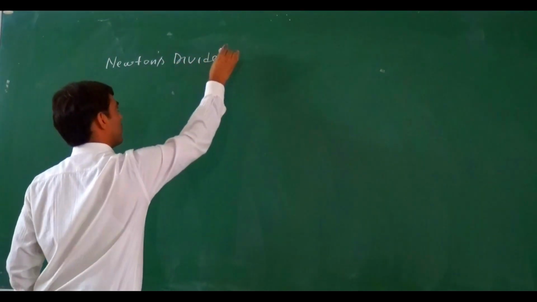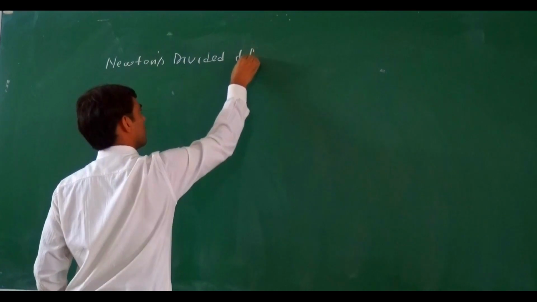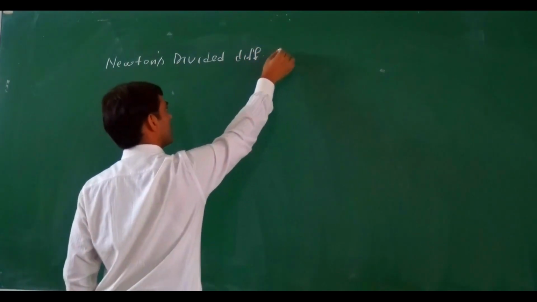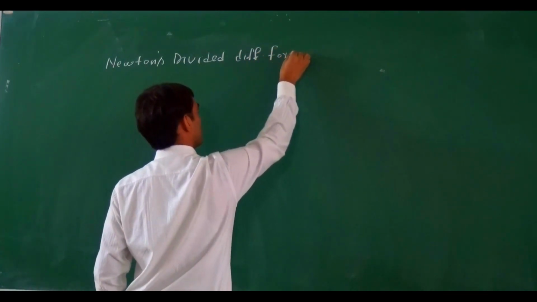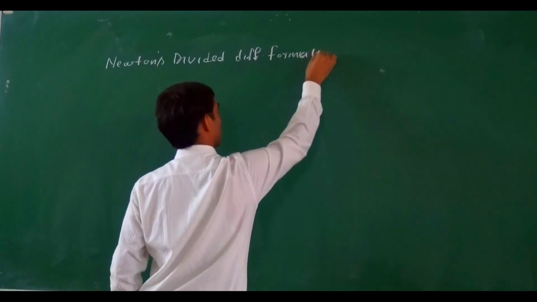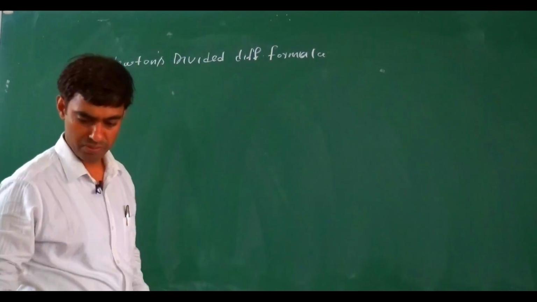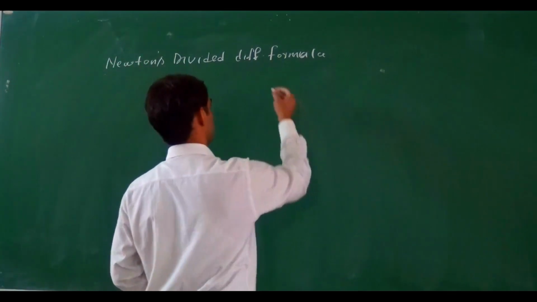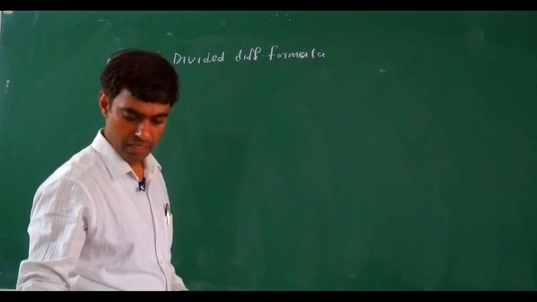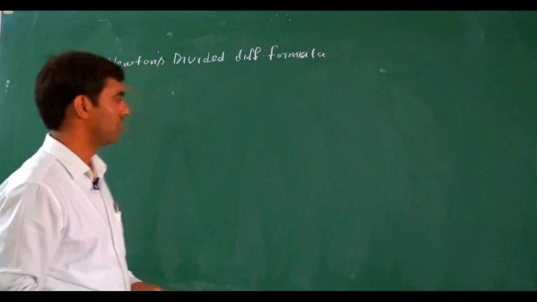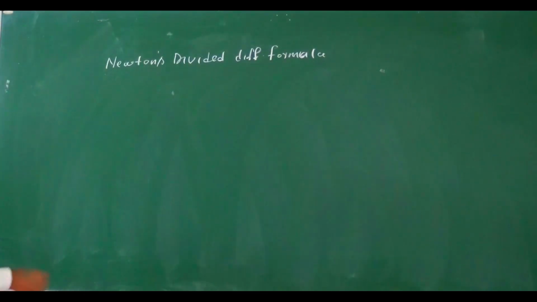Newton divided difference interpolation formula. So now, how do we derive this one?